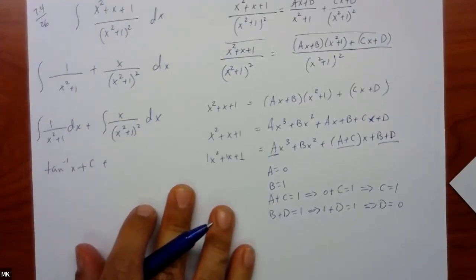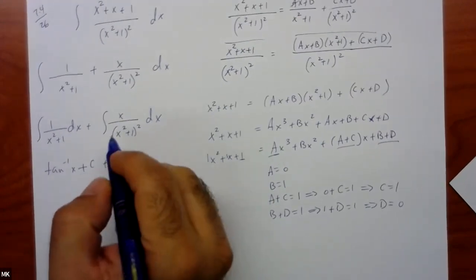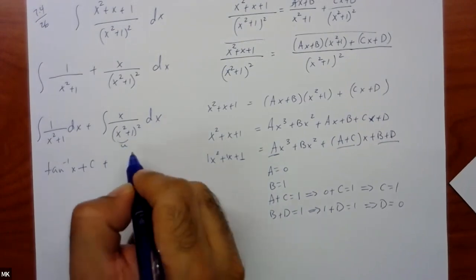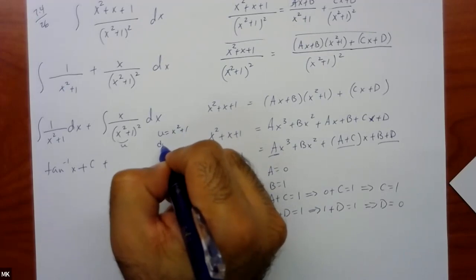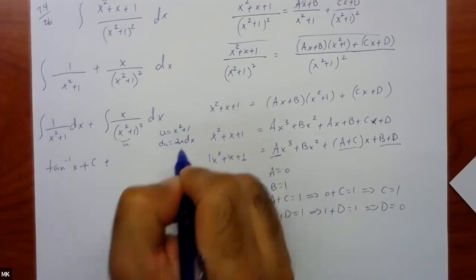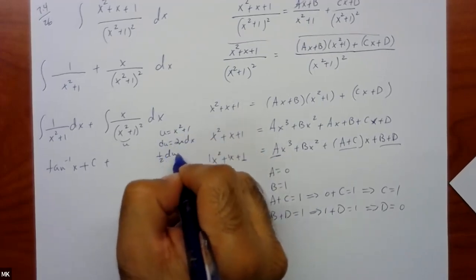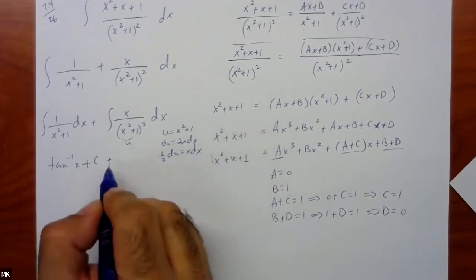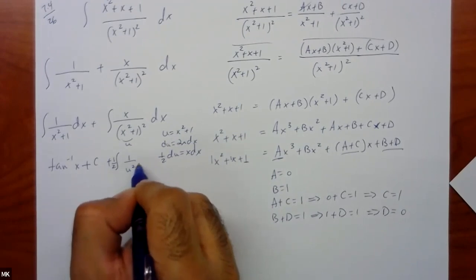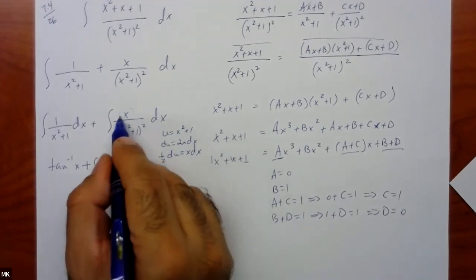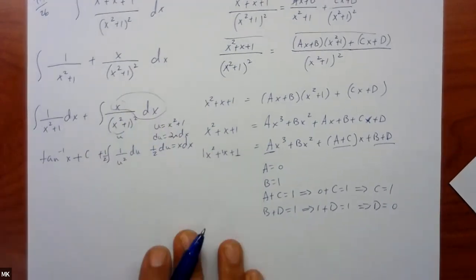Okay. So on this one, I'm going to do a u substitution. I'm going to let u be x squared plus 1, and du is 2x dx, or 1/2 du is x dx. So this becomes 1/2 times 1 over u squared du.